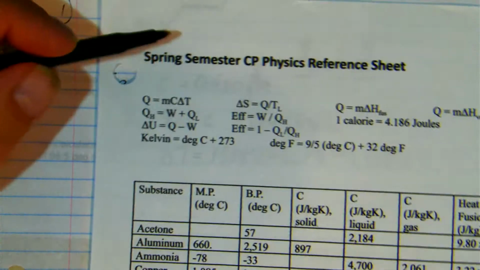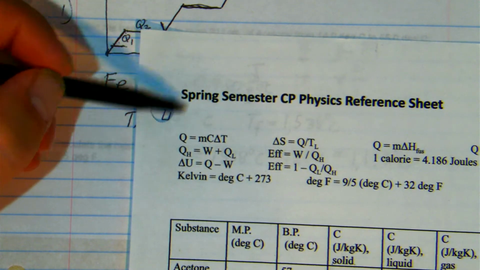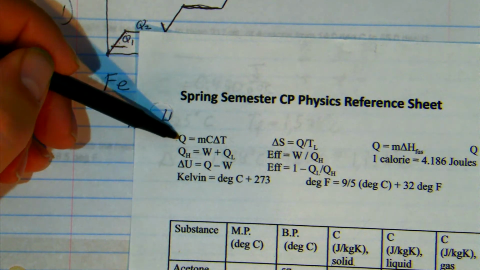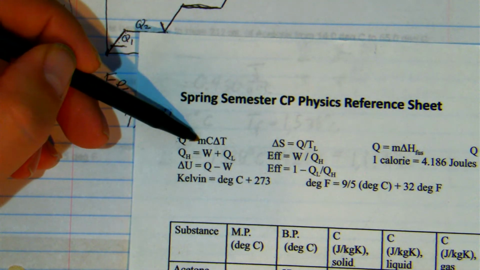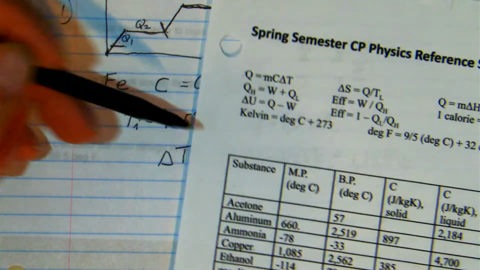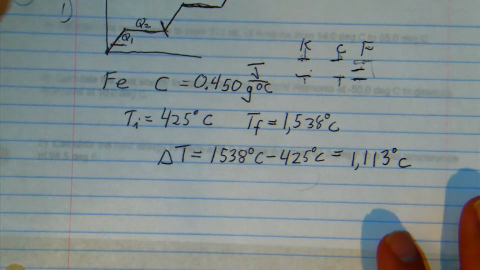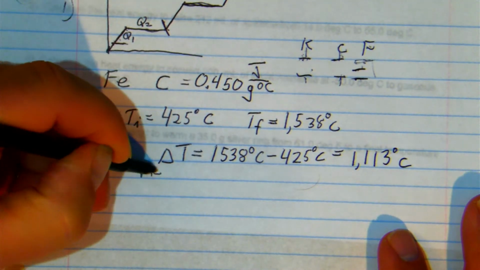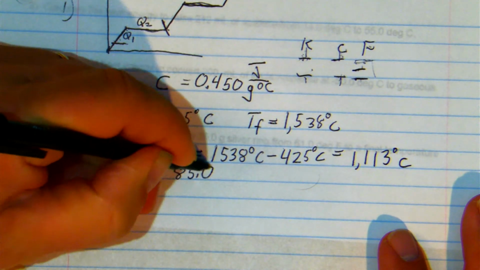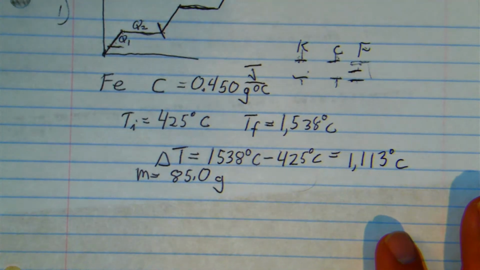The formula that I'm going to use to calculate the increase in heat energy that I need is heat energy is equal to the product of the mass times the specific heat times the change in temperature. The mass in this problem was listed as having a value of 85.0 grams.